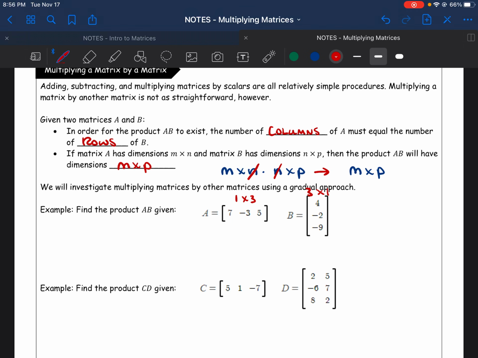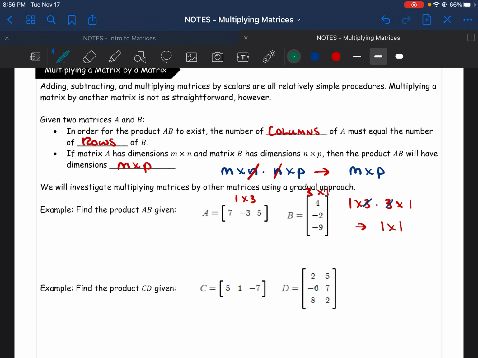If we think about what the dimensions of the product should look like when everything is said and done, if we're multiplying a 1 by 3 times a 3 by 1, again, imagine these little middle pieces cancel. We can expect that our matrix is going to be a 1 by 1 matrix. So it's really just going to be a matrix with one element in it. Let's see how that gets generated here.